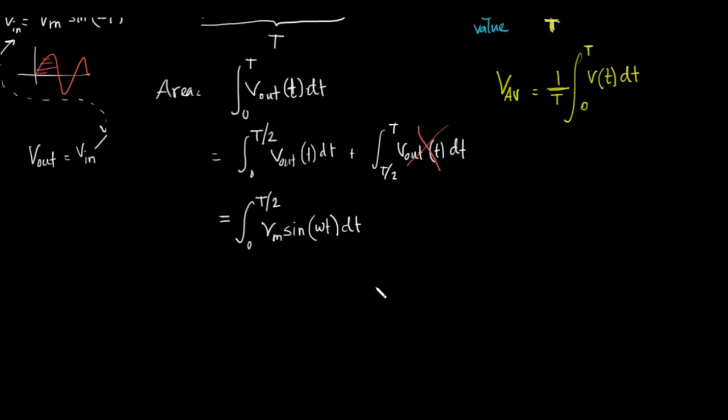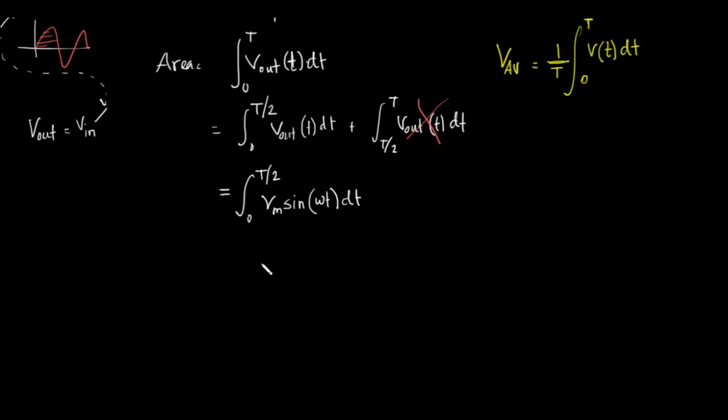Well, we will need to integrate this. You know how to integrate a sine function. Let me do this quickly. Since Vm is a constant, the maximum value of the input voltage, I will take Vm out. The integral of sine omega t is minus cos omega t divided by omega, and we have to put the limit of T by 2.